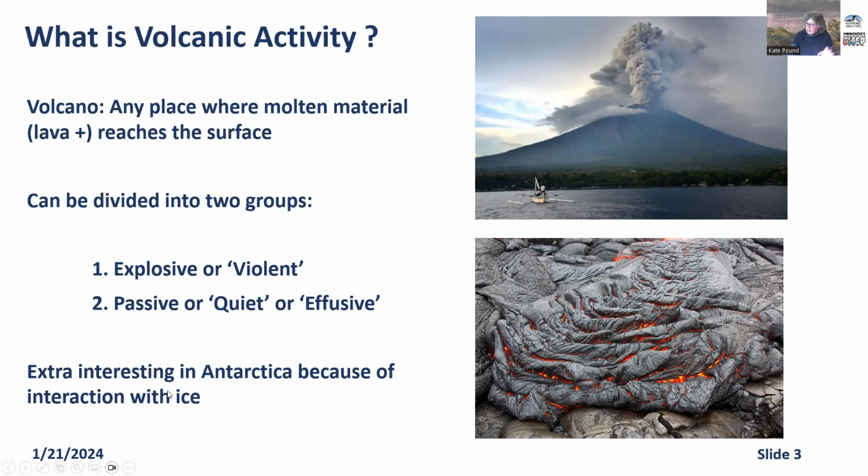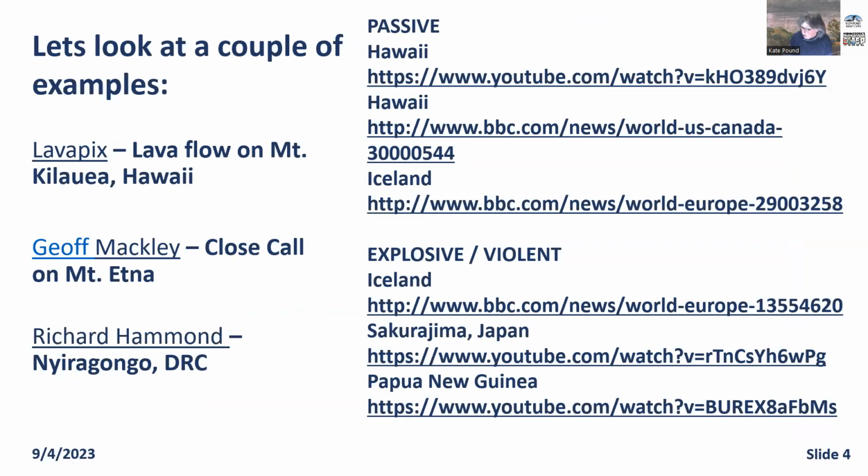And yes, I stole these slides from my Antarctica presentation. So I'm not going to show all these videos. I do want to say something about them. The one down here, Nyiragongo, is of a lava lake. There are only 3 known lava lakes in the craters of volcanoes in the world.